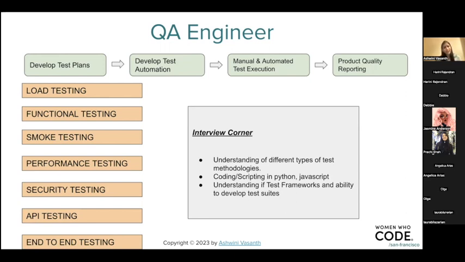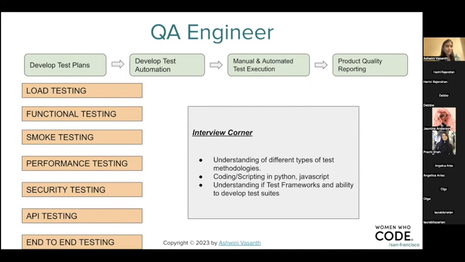So there are a bunch of different kinds of testing. There is load testing, which is about performance. There is functional testing to make sure that the product works. There's smoke testing to make sure nobody breaks the other person's logic.